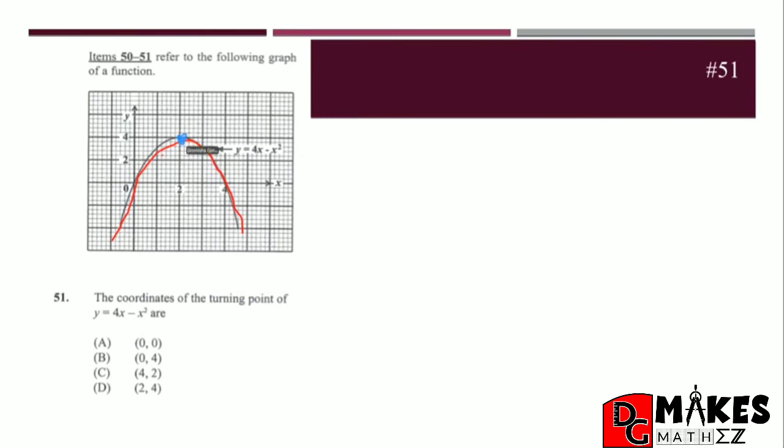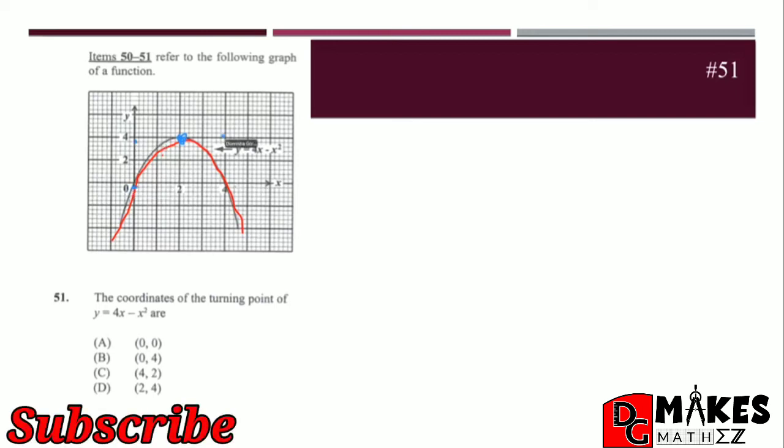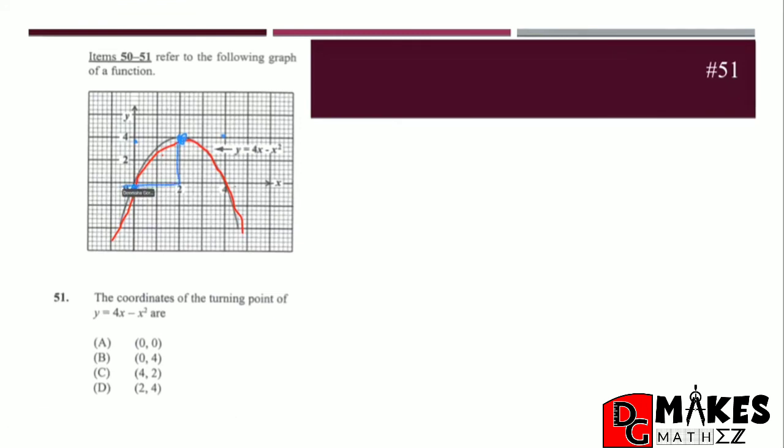We now need to find the coordinates of that point. It's definitely not 0, 0. It's definitely not 0, 4. It's definitely not 4, 2. So indeed, it is 2, 4. And we always ensure that we write our x coordinate first. Otherwise, some people would have chosen C, and our answer is actually D.